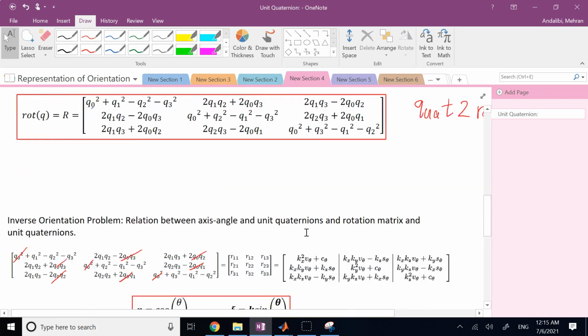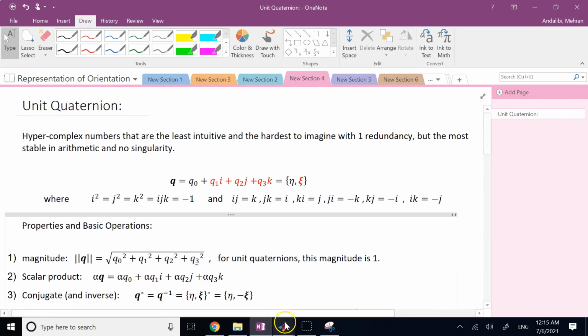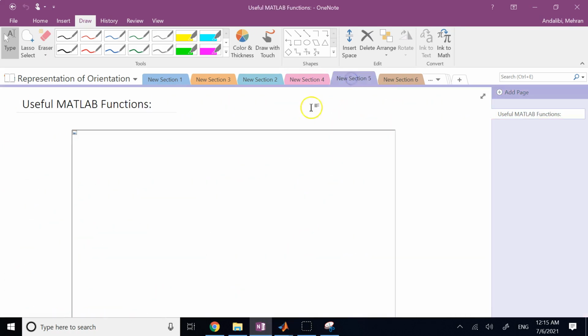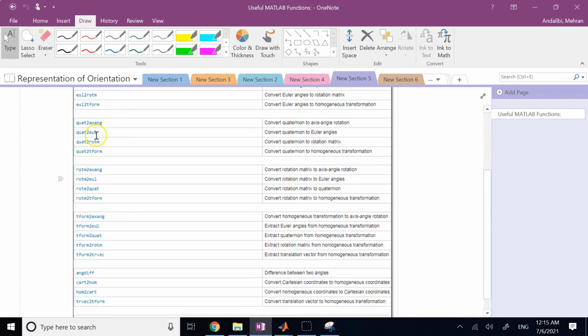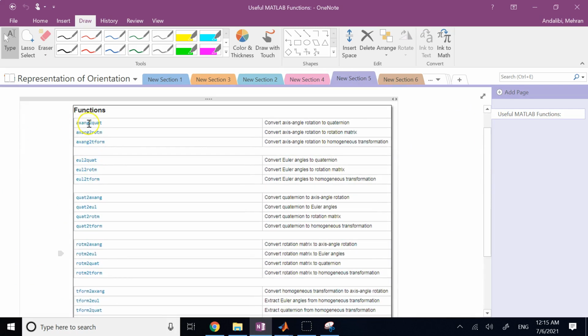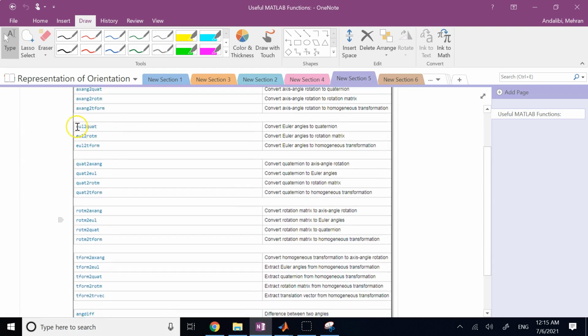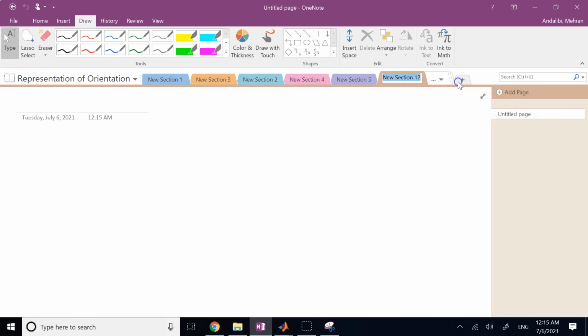Okay, so this is the unit quaternion. As I said, there are tons of MATLAB built-in functions that can convert your axis angle to quat to rotation matrix, can convert your Euler to quat. Now, there is nothing directly between Euler and quat. So if I want to show the 4 forms that I have shown you, what we have is the rotation matrix.